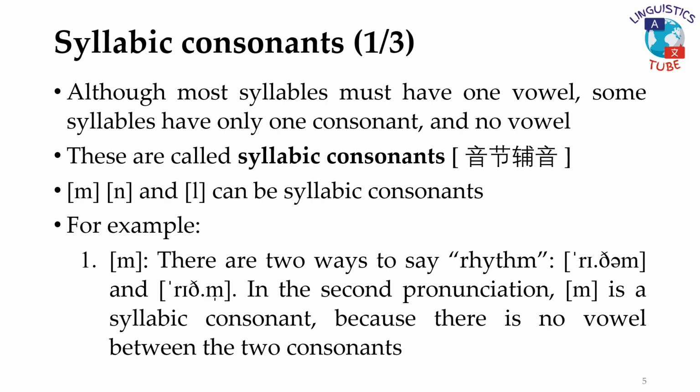You could also say rhythm without a vowel. You cannot hear a vowel. Instead, the pronunciation moves directly from th to m. In this case, m is a syllabic consonant because it is a syllable, yet there is no vowel.